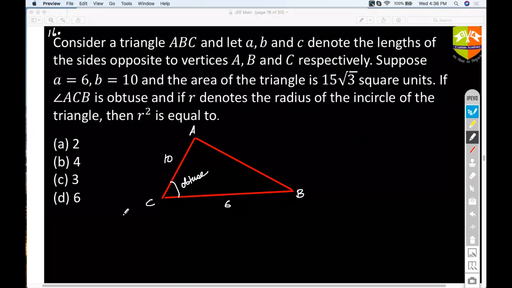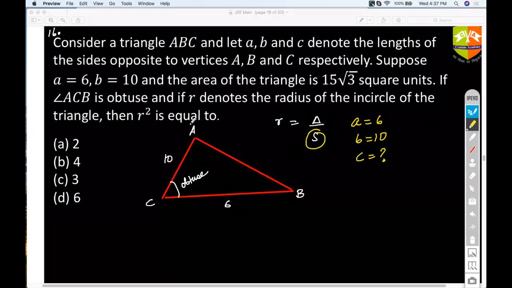So what do I need over here? I need the in-circle radius, which is known to be delta by s. Hope everybody knows the basic formulas of properties of triangles. Now, how do I know s? I know a, I know b, but I don't know c. So unless I know c, I cannot know s.